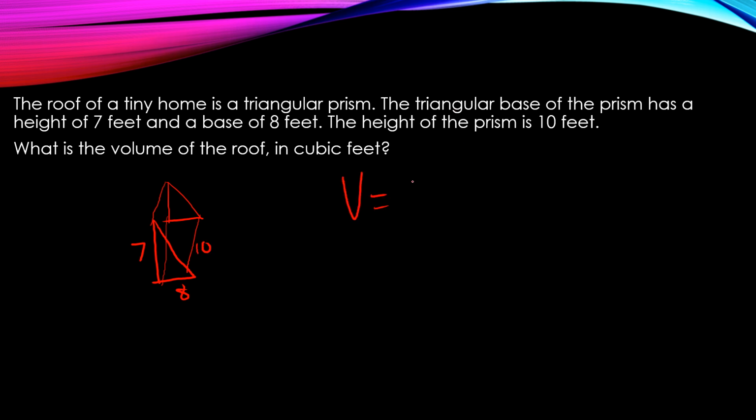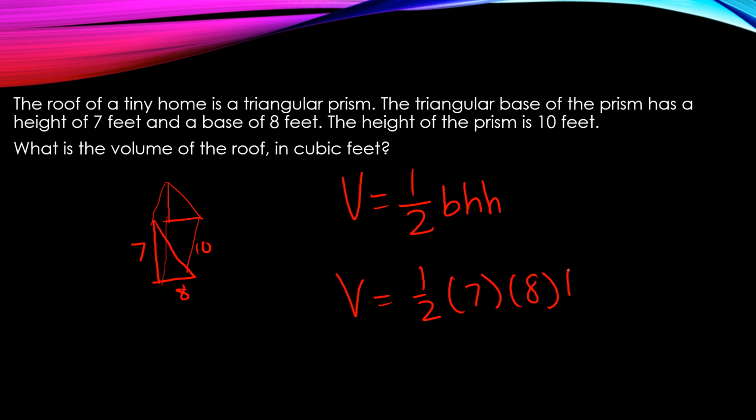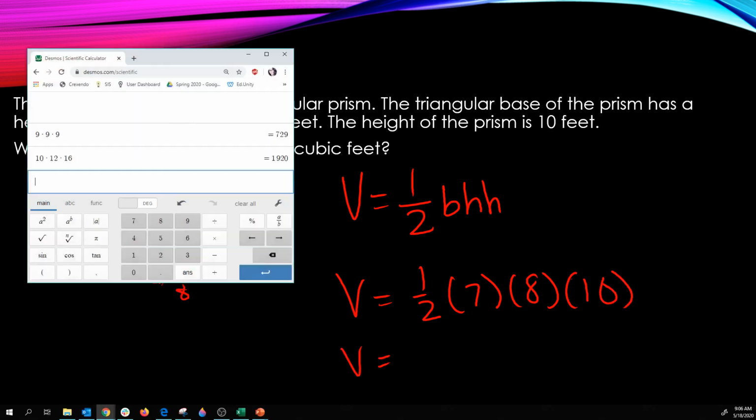Volume formula for a triangular prism is 1/2 base times height. So 1/2, 7 times 8 times 10. Sorry, it looks like a 16. And let us type that into a calculator.